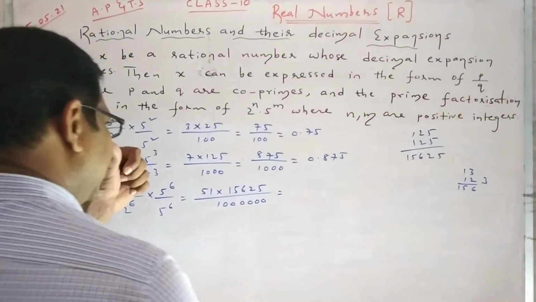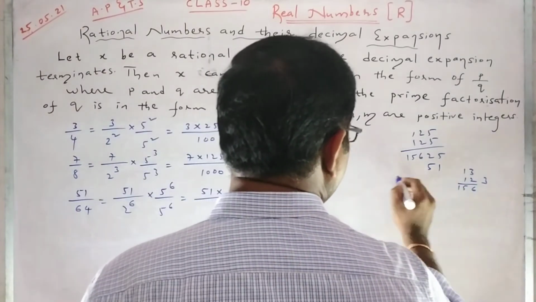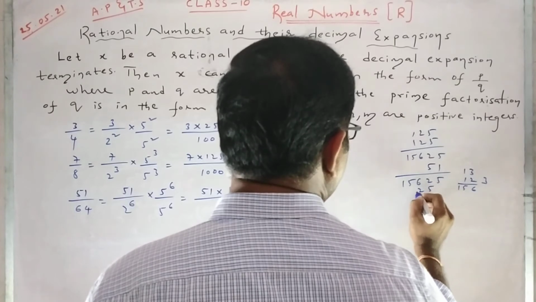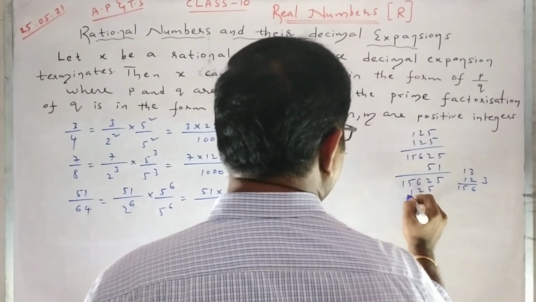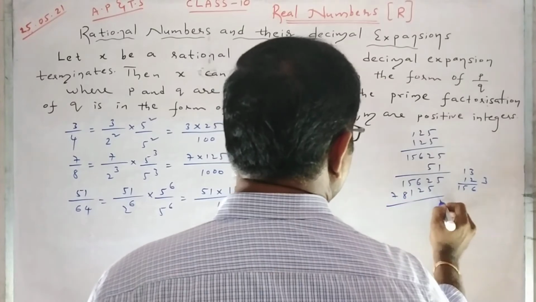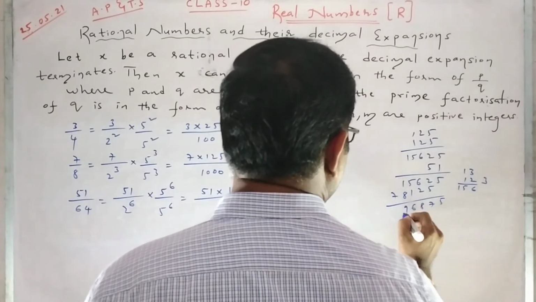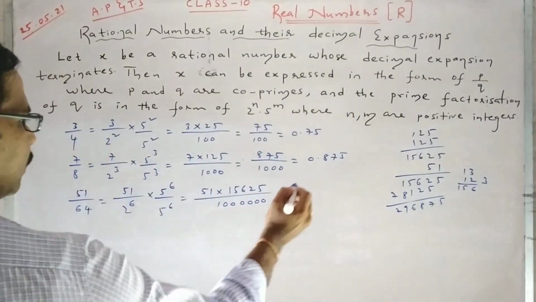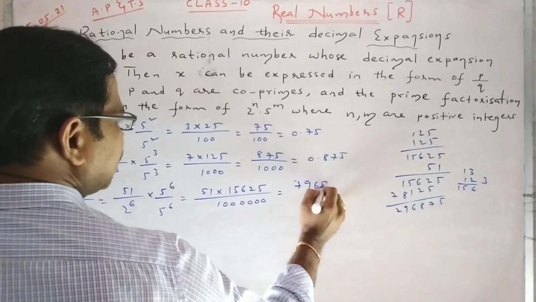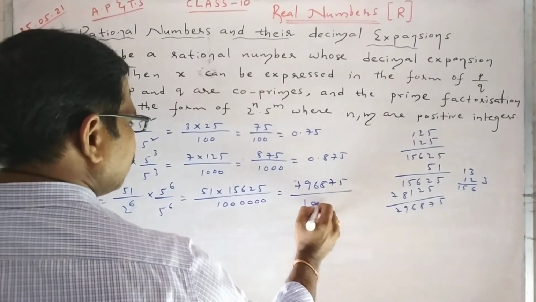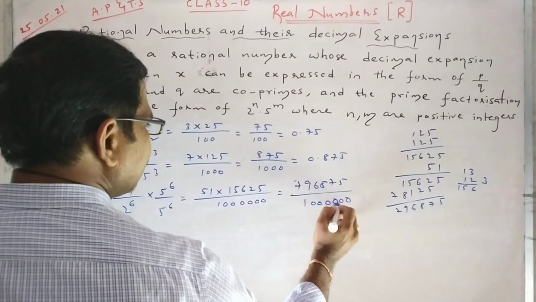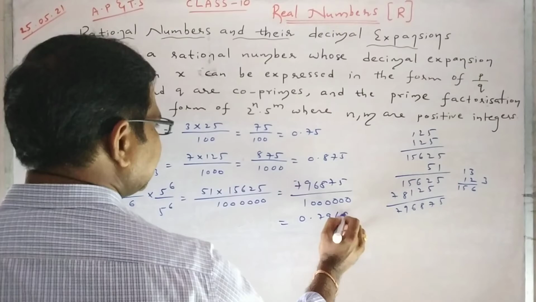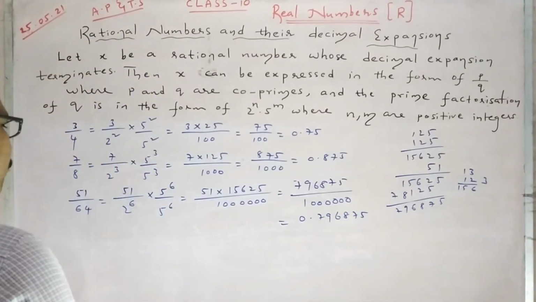Right? 15625 into 51 is 796,875 upon 10 lakh. So 0.796875. This is the procedure.